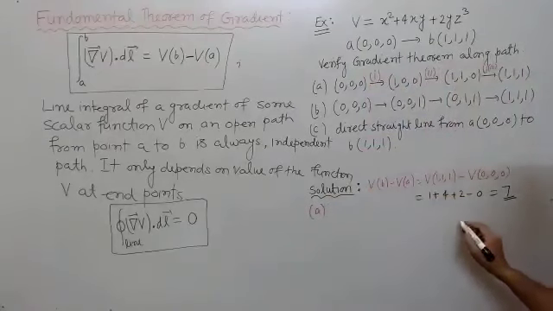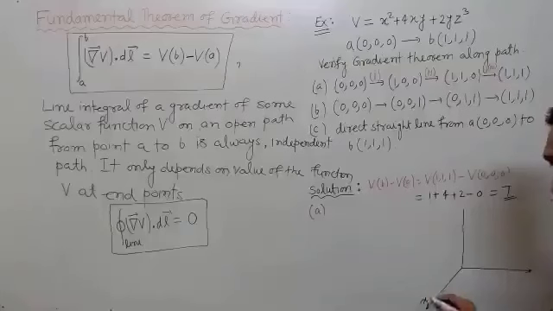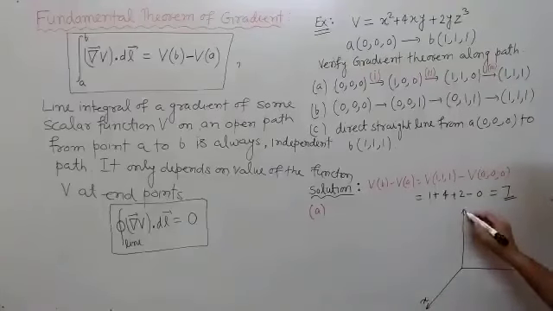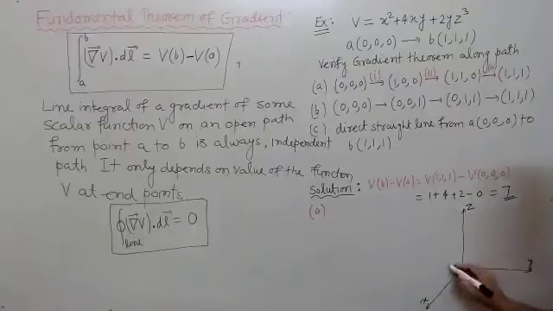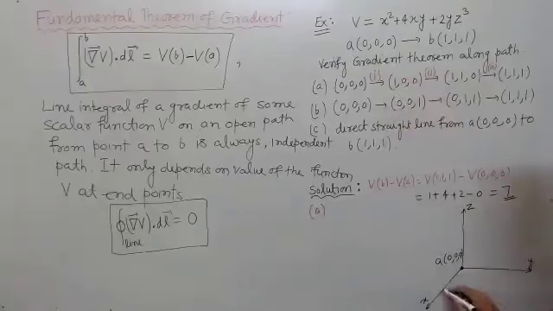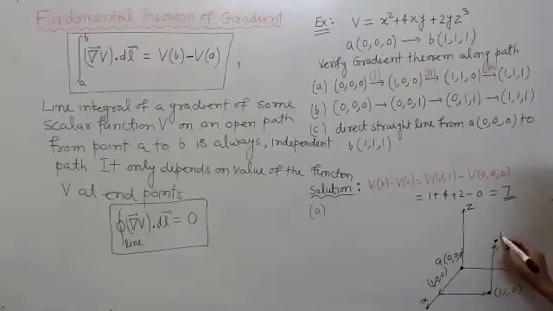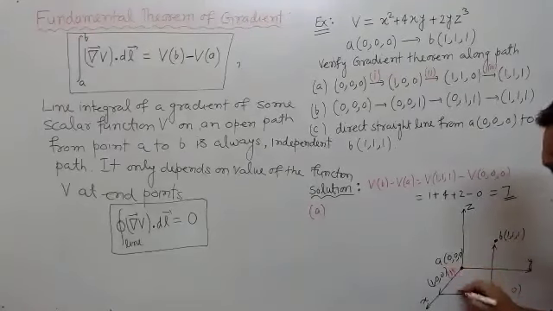So let us see this path from A to B. This is X, Y, and Z. This point A is 0, 0, 0. Then segment 1 goes to 1, 0, 0. Then you move to point 1, 1, 0. And then you move to point B, that is 1, 1, 1.